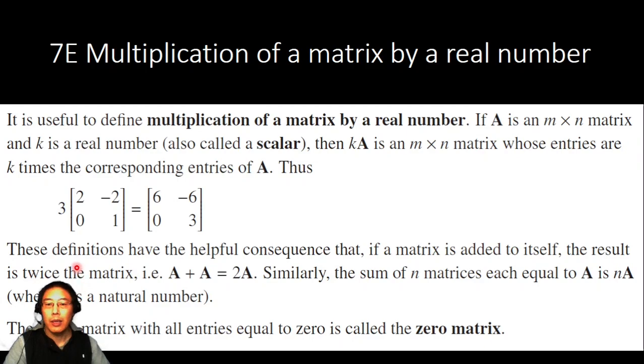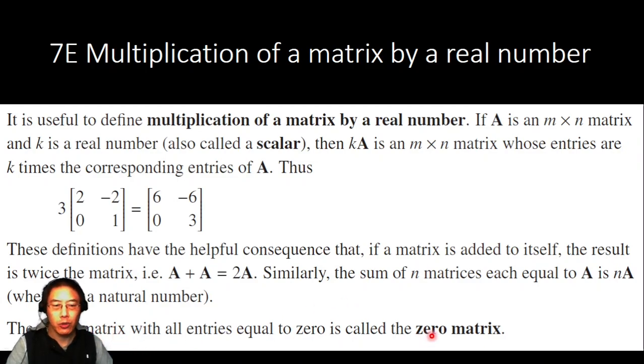Okay. Now it's also useful. So for example, when you add a matrix to itself, you can factorize it. So A plus A is 2A, and what you do is multiply every entry by 2. So you can do that for any size or any sum of the same matrix.